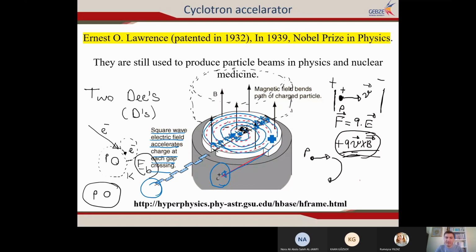If we didn't have a very good vacuum here, then the protons accelerated within this area may collide with the gas atoms, okay? And then they would lose their energies, and this is an unwanted situation. For this reason, the whole system is kept under good vacuum conditions. Do you have any questions here? No, clear. Okay, then let me continue.